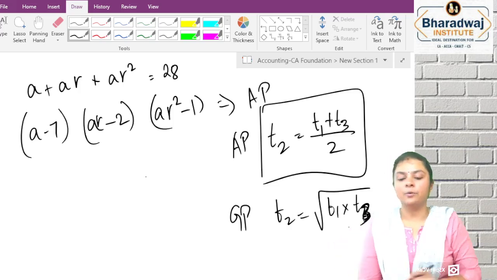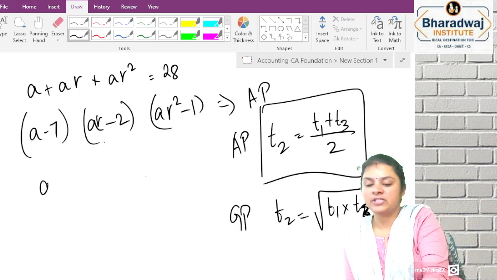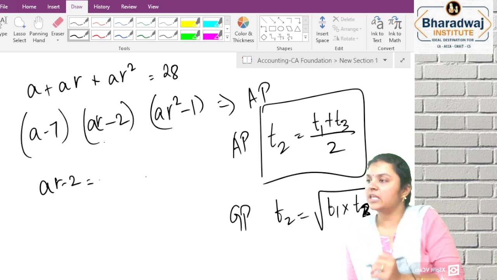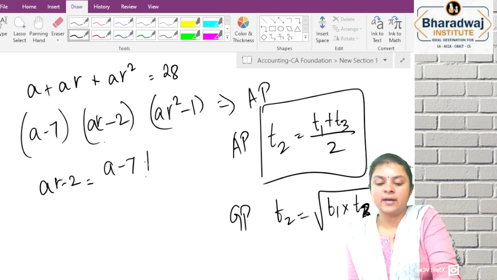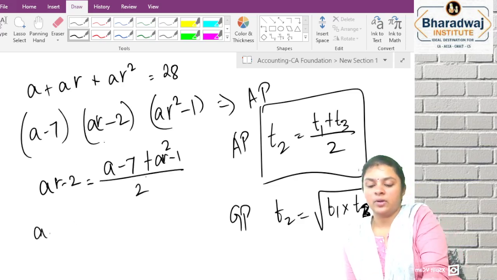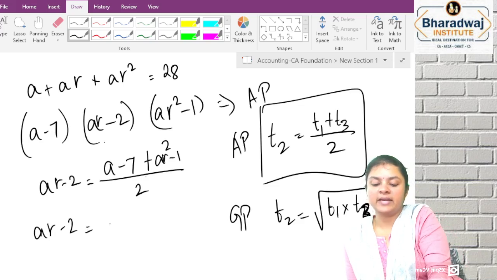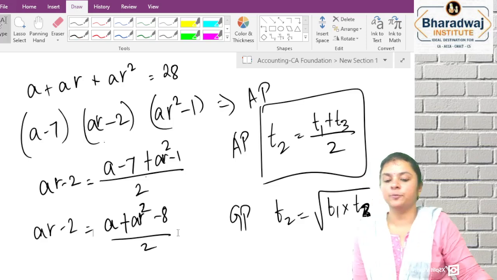Now, I can say T2, which is AR minus 2, is equal to the average of the first and the last term. So, A minus 7 plus AR square minus 1, divided by 2. So, AR minus 2 can be written as A plus AR square minus 8 divided by 2.